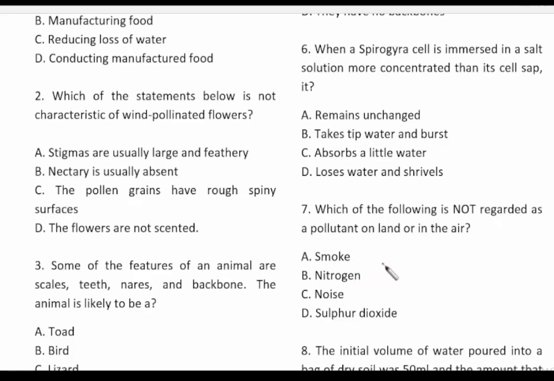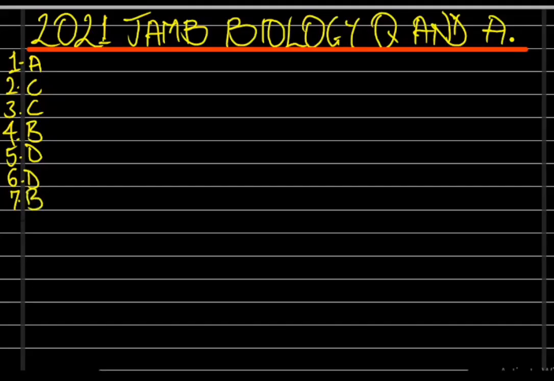Nitrogen is usually found in the environment. Nitrogen is a non-metallic element. It is a colorless, odorless gas that is most plentiful in the elements of the air that we breathe in. So we cannot accept it as a pollutant of the air. So that is the answer to question 7, option B.